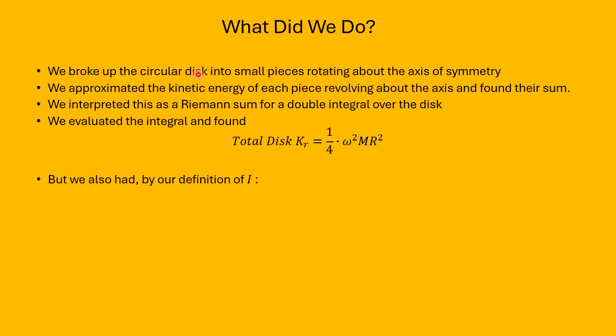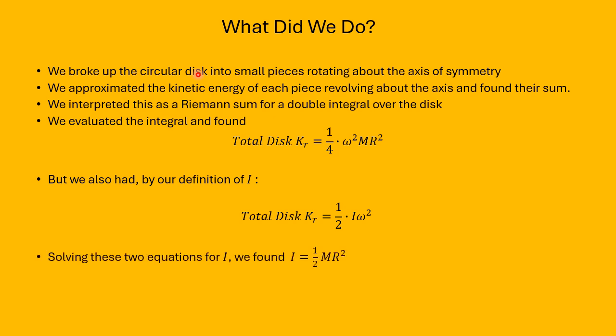But we also had, by our definition of I, that the total disk rotational kinetic energy was 1/2 I omega squared. Solving these two equations for I, we found that I equals 1/2 m r squared. So this was our formula for computing the rotational inertia of the circular disk, the moment of inertia of that circular disk.